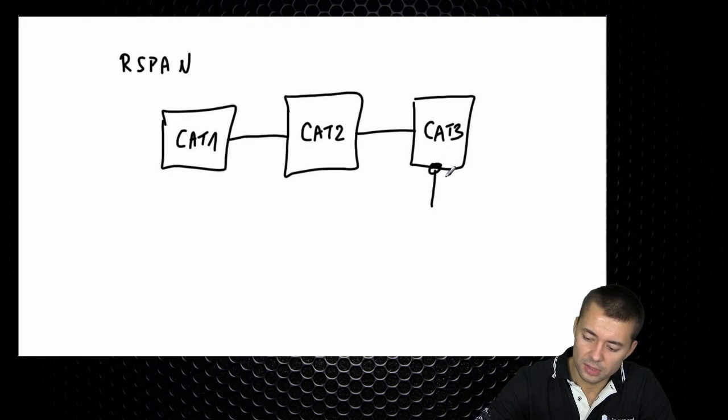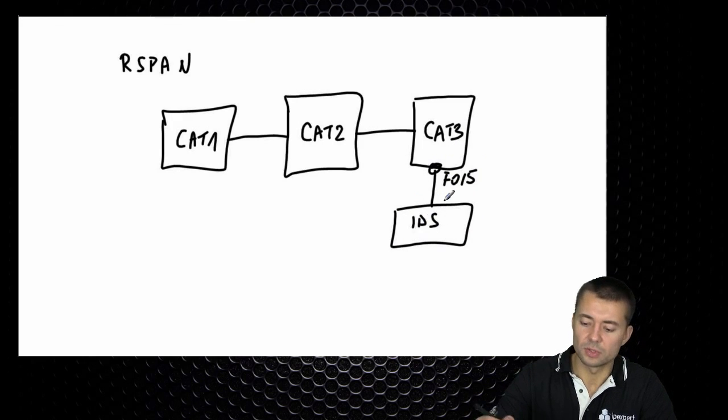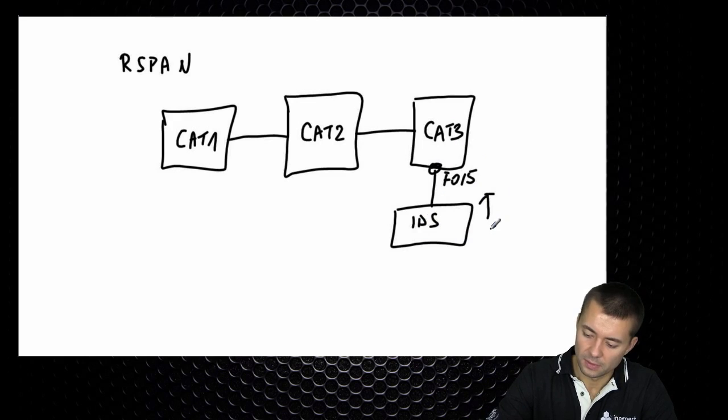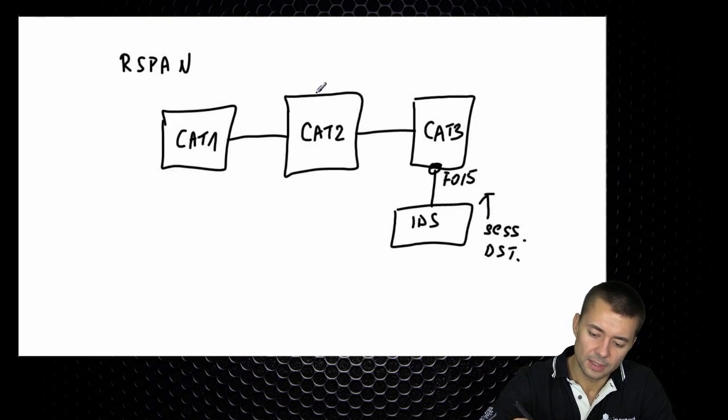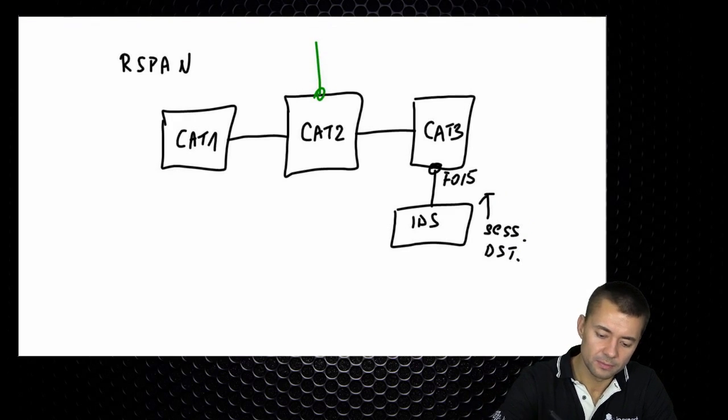The IDS is connected to this Fa0/5 on CAT3. So this is going to be our session destination, versus my session source can be somewhere here, maybe over here as well.